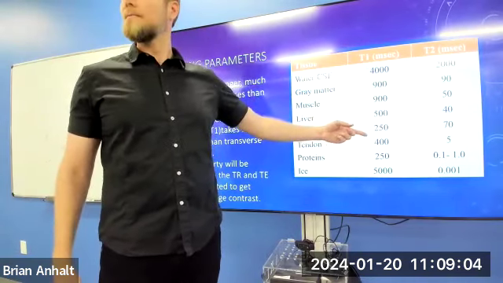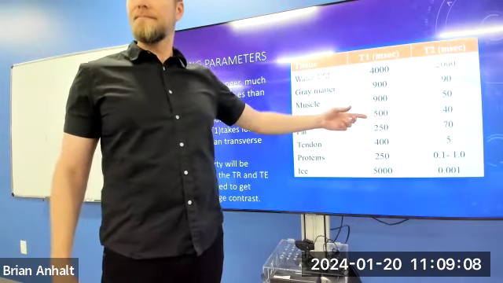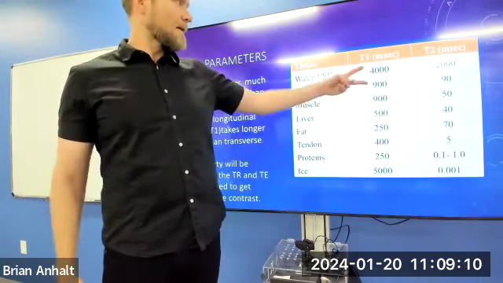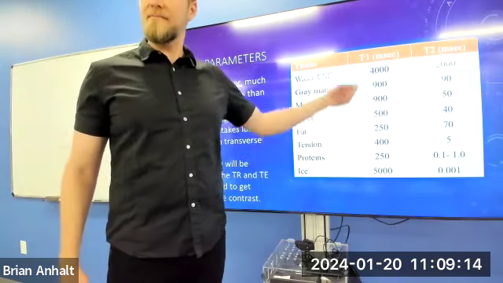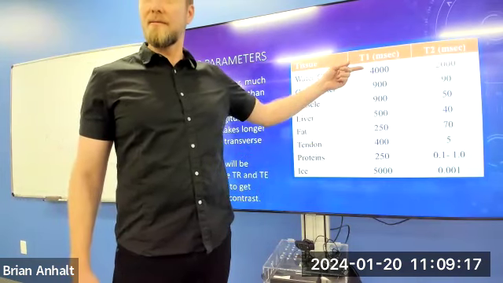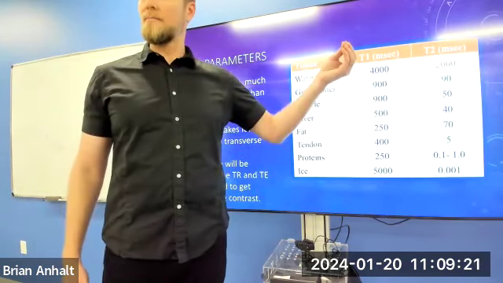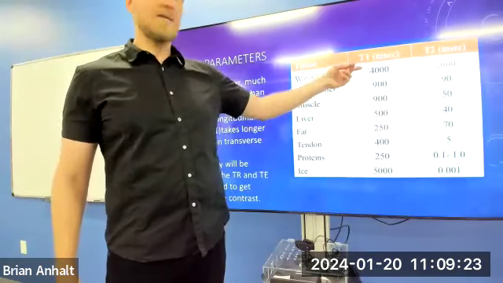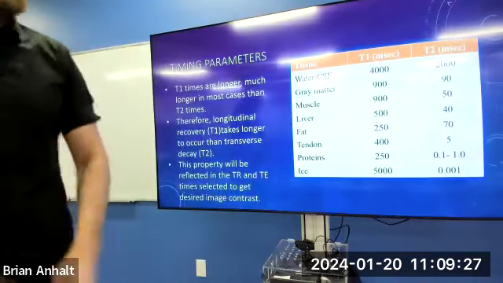Well, fat. Right, it's going to recover super fast. Like we said before, fat looks bright on T1, CSF looks dark, right? And the reason for that is because we prescribe a short TR. Saturate these with energy. These can't get saturated because they let loose of their energy quickly.